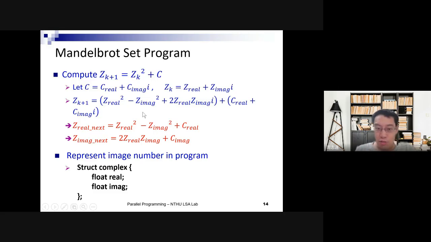Just to refresh your memory, this is how we can do the multiplication and addition on complex numbers. Anyway, we don't care about this too much. As you can imagine, if we have this data struct, we can follow this definition to do the computation, so we can do the complete computation for each iteration.